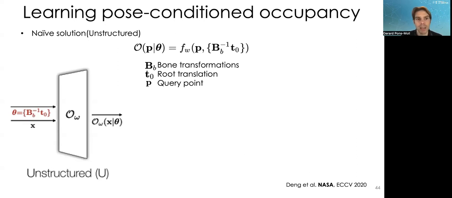To illustrate this, they show here the naive solution, which would be some representation of pose. In this NASA paper, the representation of pose is a little bit strange. It's basically taking the rigid parts of the body and the root location and then applying the inverse transformation. It doesn't really matter at this point. It's just a way of getting numbers that encode the pose.